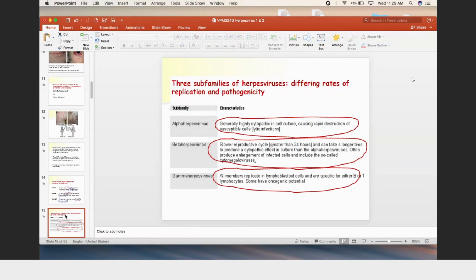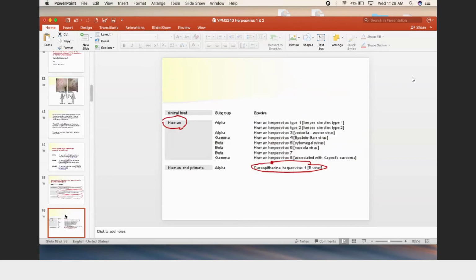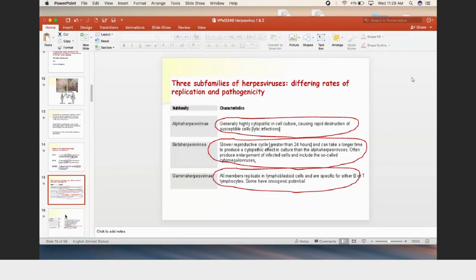This one I'm not going to go through. It's about tissue culture. You can see that alpha herpes viruses are highly cytopathic in culture, causing rapid destruction of susceptible cells, whereas the gamma ones are specific. They can infect B cell or T cell lymphocytes, and the gamma herpes viruses are oncogenic and may cause cancer.